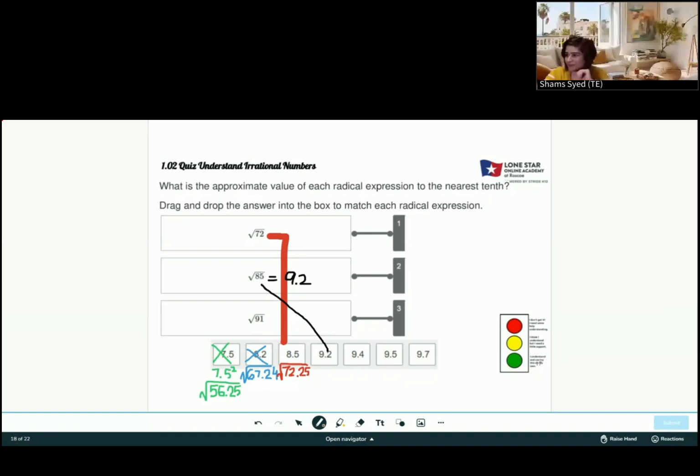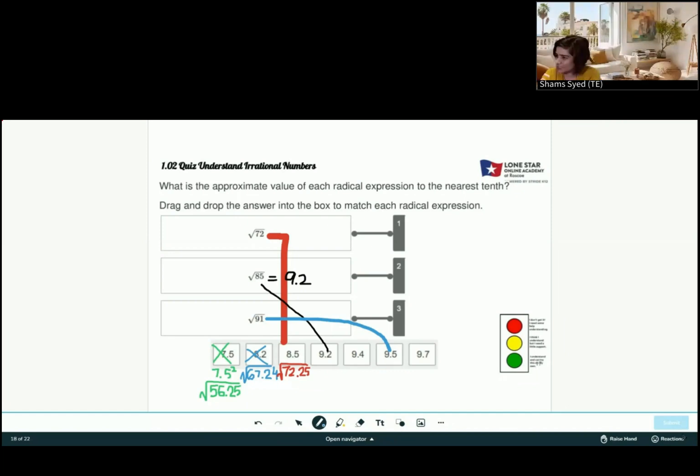I'm going to have to verify now. 9.5. Brown looks very close to the color we are using, so let's use the blue. 9.5, right? So the calculator will come very handy. Make sure you're using the correct tool.